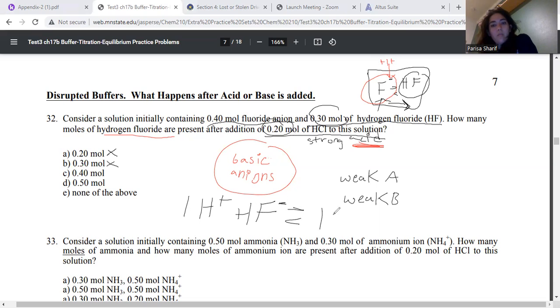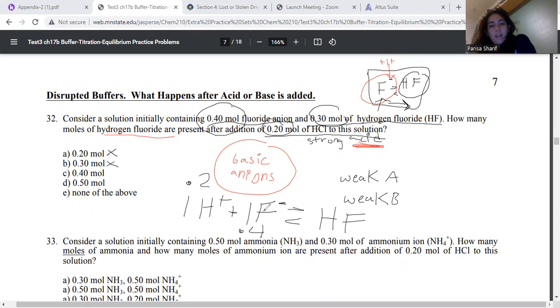We know that 0.2 moles of HCl would make 0.2 of this H plus, and we have 0.4 moles of hydrogen fluoride. So, I'm sorry, 0.2 moles of the fluoride. This is, I know this looks like hydrogen fluoride. This was a plus sign. And we have 0.4 moles of this.